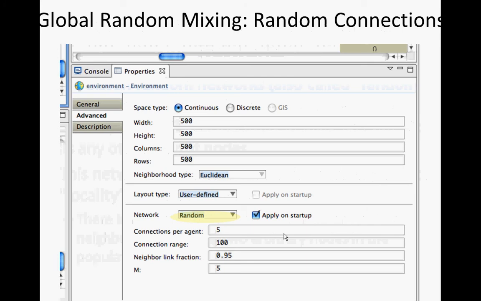Now, connections within AnyLogic happen to be undirected. So if we have n nodes, how many possible connections are there? Yes, n choose 2. You may remember that from combinatorics, and it's n times (n minus 1) over 2.